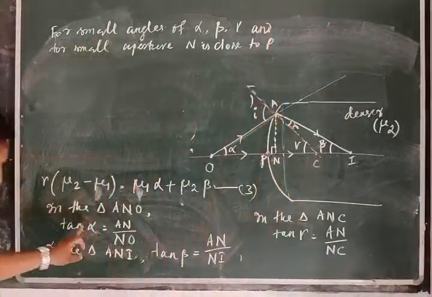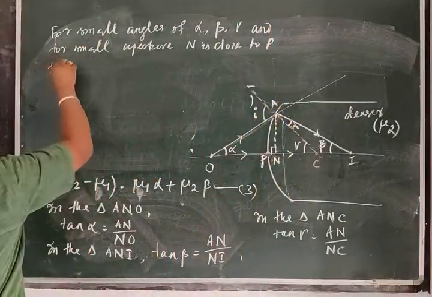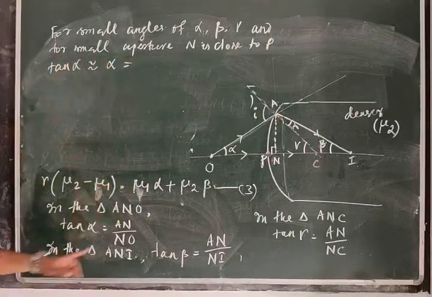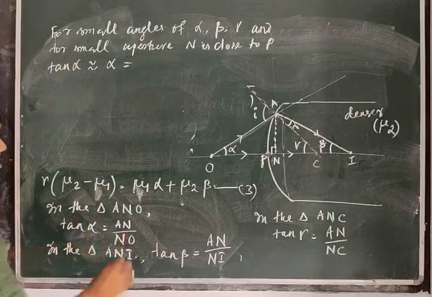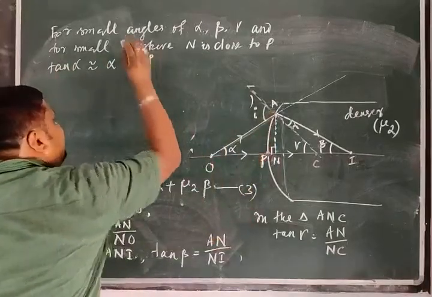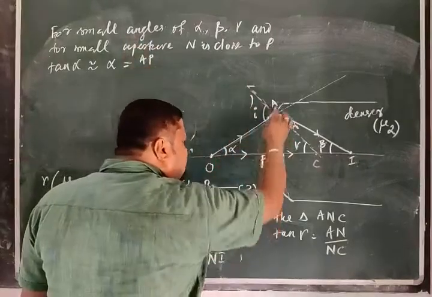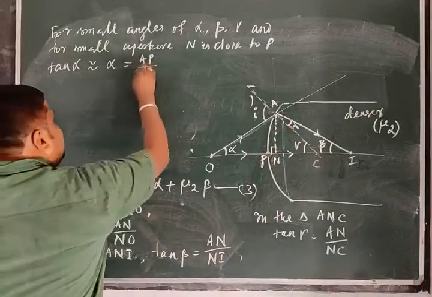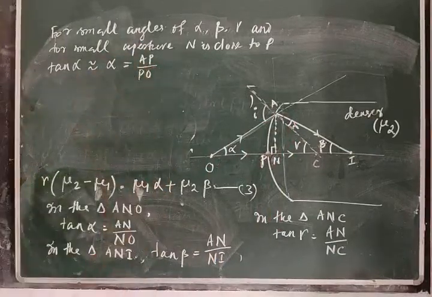So tan alpha is equal to alpha, which is equal to AN by NO. Since N is close to P, in the place of N I can put P: AP by PO. This is number 1.